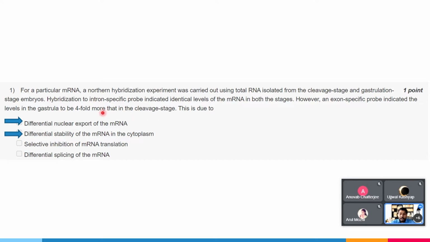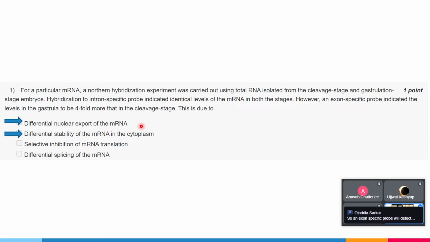But if there needs to be a four-fold increase, that will only occur via differential nuclear export or differential stability of mRNA. Is that okay? Because this was a difficult question to sink our teeth into.